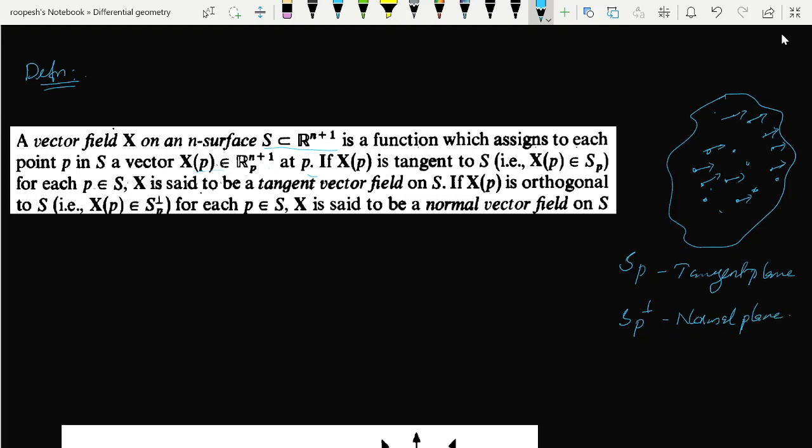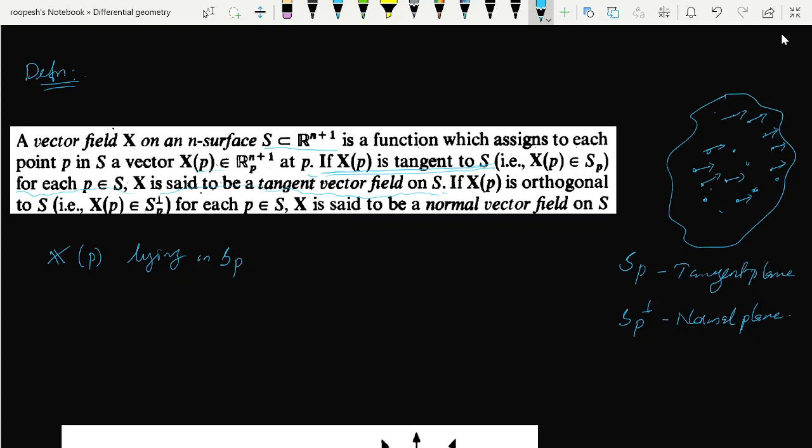So whenever this X(P) is lying in your tangent space S_P, then we will say that this is going to be a tangent vector field. For each P belonging to S, X is said to be a tangent vector field on S whenever X(P) is tangent to S.